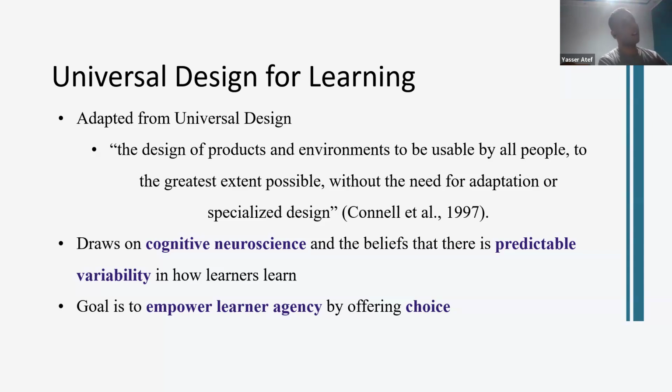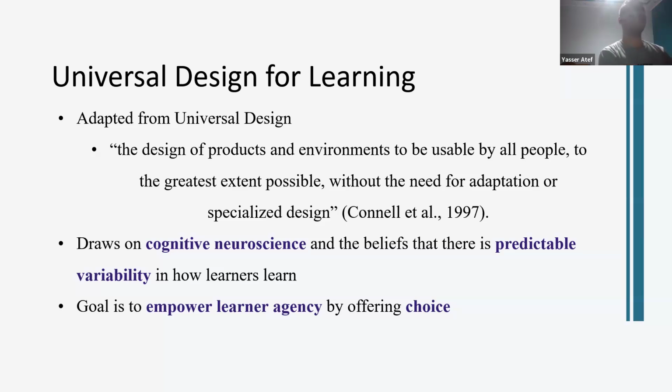And as I said, this has its own limitation, but it's still a very good and interesting way to look at how we can leverage that universal design for learning.